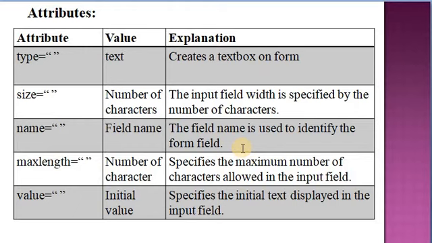Maxlength specifies the maximum number of characters allowed in the input field. And value is the initial value, which specifies the initial text displayed in the input field. These are the attributes of the text element.